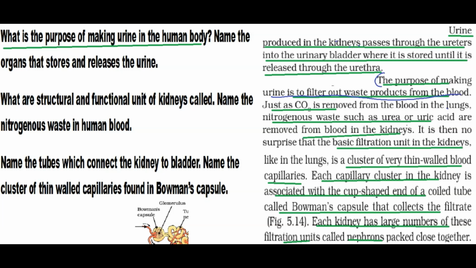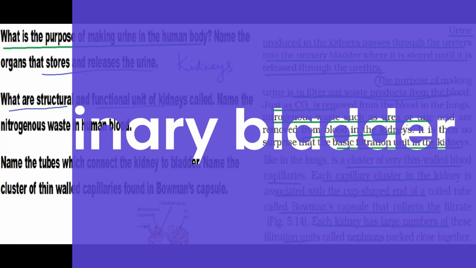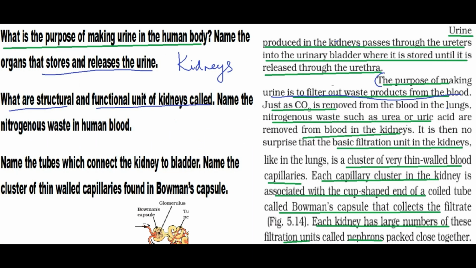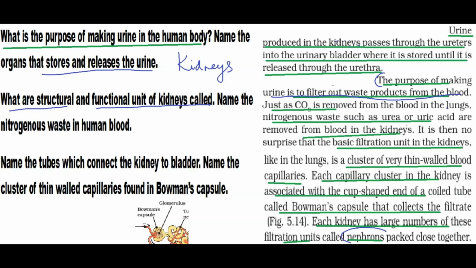Name the organs that store and release urine. Then next question, what are the structural and functional unit of kidneys called? The structural and functional units of kidneys are called nephrons. So nephrons will be packed close together.